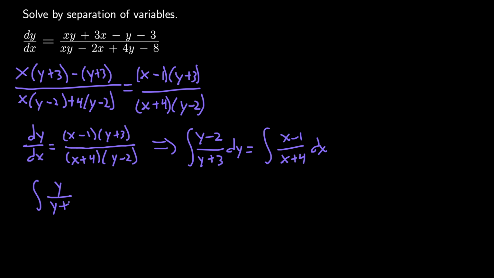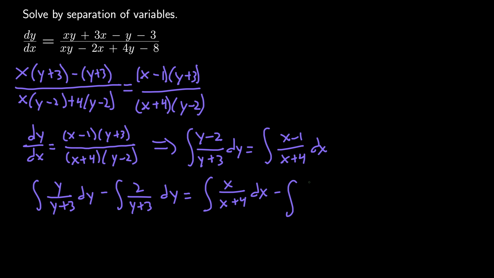So now we have the integral of y over y plus 3 dy minus the integral of 2 over y plus 3 dy, which will equal the integral of x over x plus 4 dx, minus the integral of 1 over x plus 4 dx.